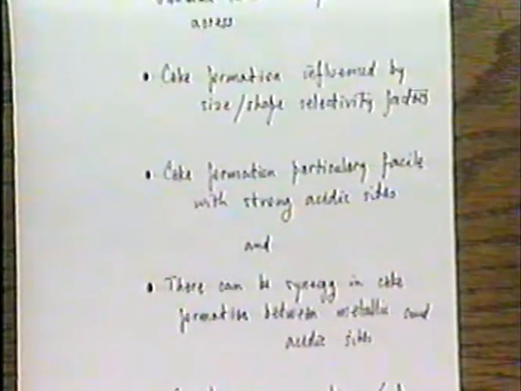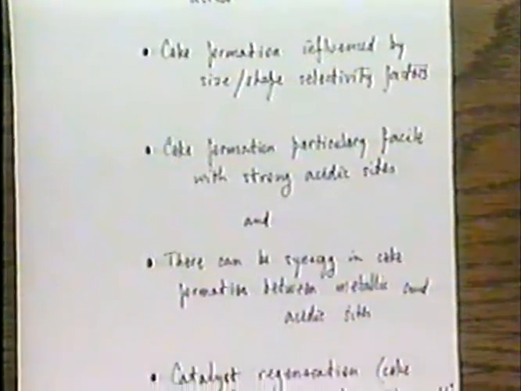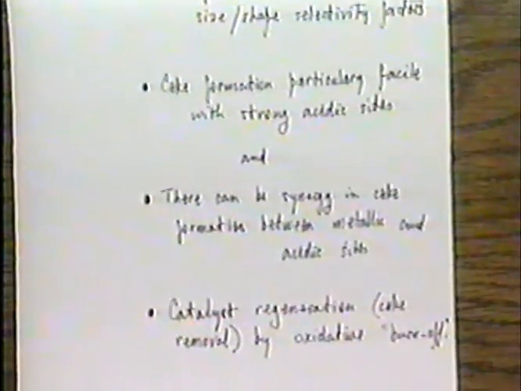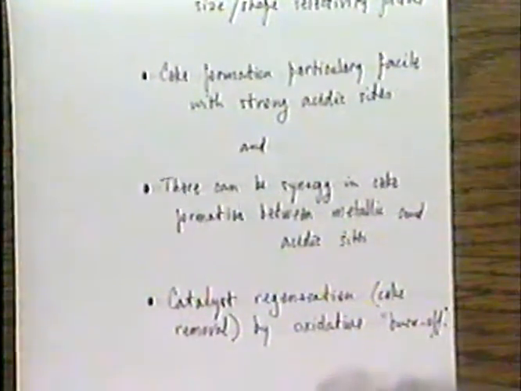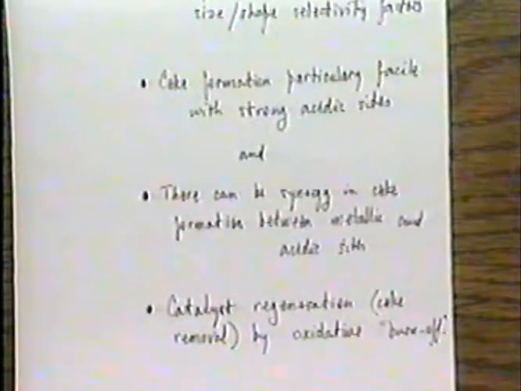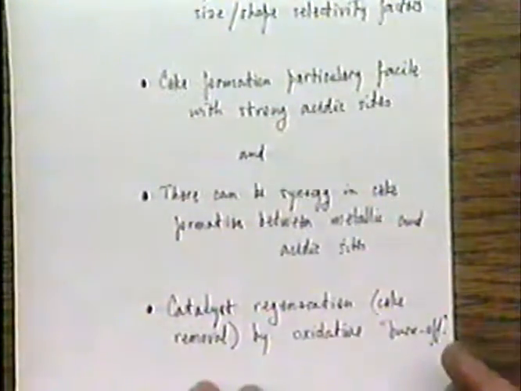And finally, just an obvious comment that provided the catalyst itself has sufficient thermal stability, you can remove coke by oxidation to carbon oxides by treatment with air or oxygen. It's usually referred to as burn-off, and in commercial practice, regeneration by oxidative burn-off of the coke is a standard procedure, and I'll say something a bit more about that too.